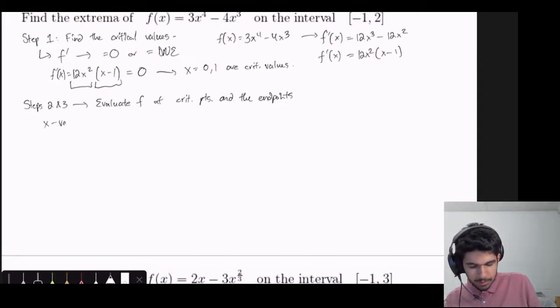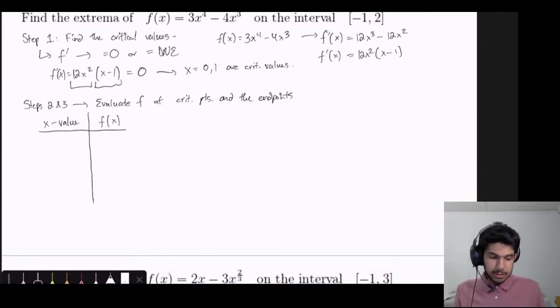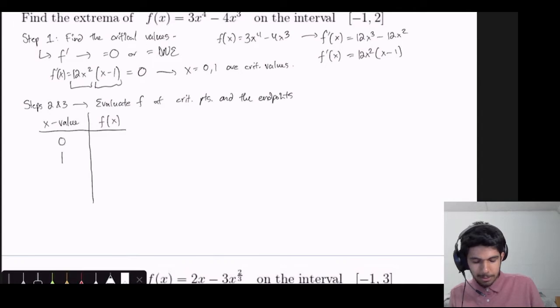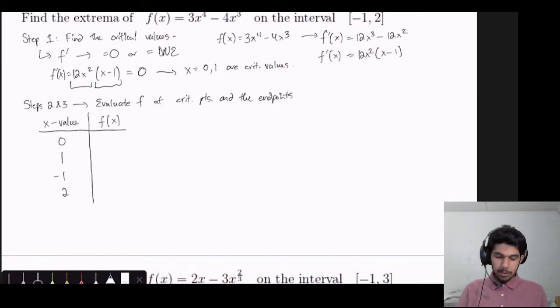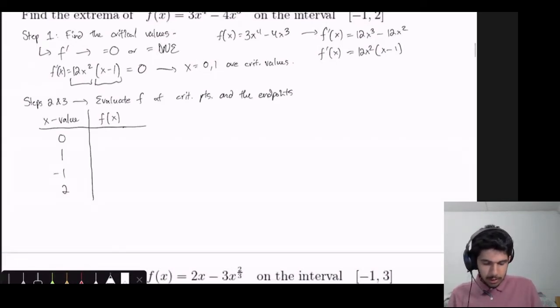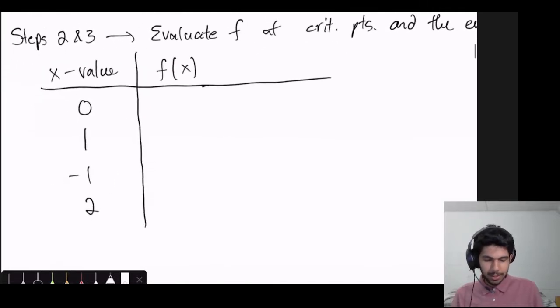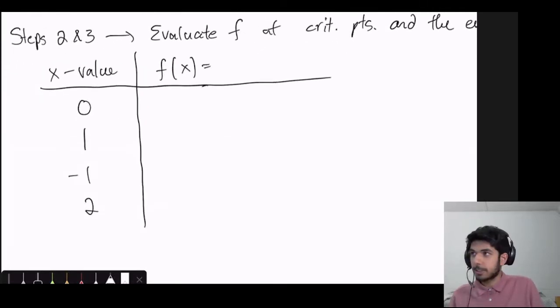On the left will be the x value, and on the right will be f of that x value. So what are the points we have to test? First, let's just do the critical values. So x equals 0, x equals 1, and then the interval has -1 and 2 as endpoints. So let's just evaluate those. Let me just zoom in here, and I'll just write the original function here so it's easily accessible.